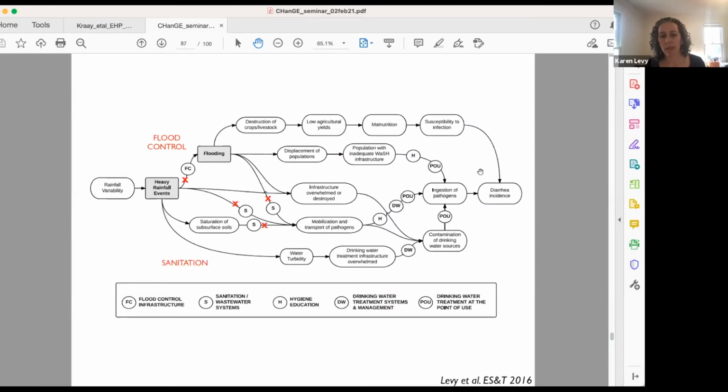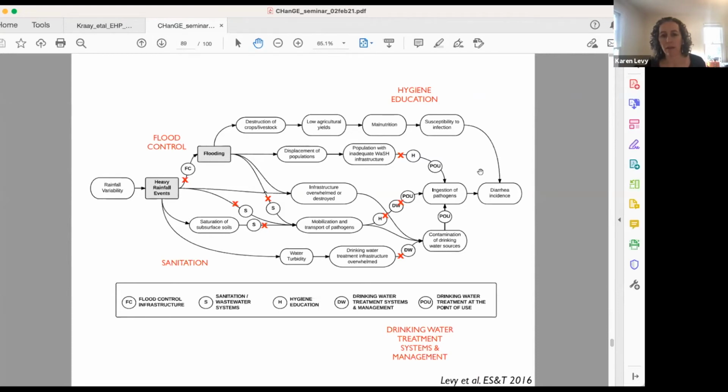Sanitation can keep pathogens from ever entering into the environment in the first place. Through appropriate hygiene education, you can keep people from ingesting the pathogens. And then there are also drinking water treatment systems and management that can keep people from ingesting the pathogens. So there's a lot of basic public health measures that can be rolled out to address these issues.